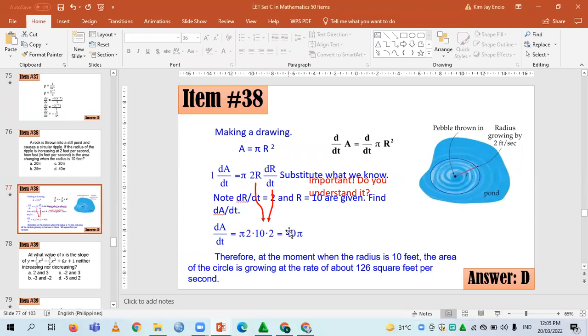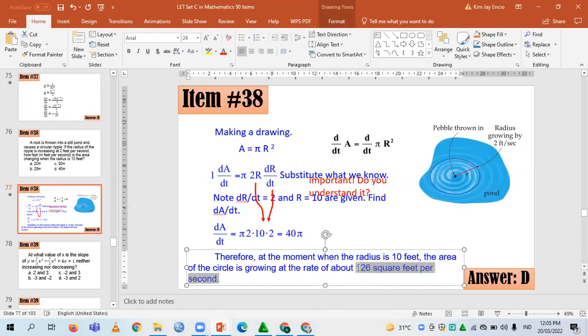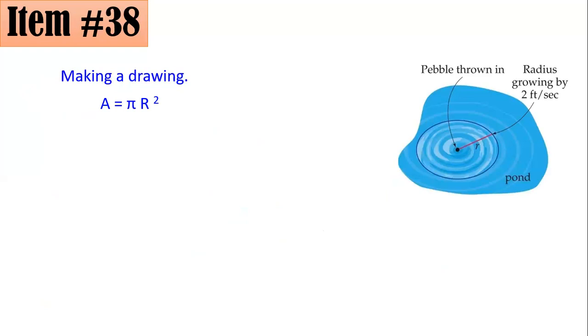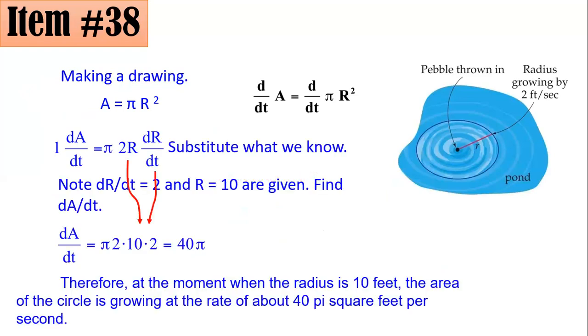40 pi. In this case, it's 40 pi square feet per second. That 126 there is actually only an approximation, but it's better if we use the exact value, which is 40 pi square feet per second, which is letter D. And as expected, the sign of our dA over dt is positive, because the area grows.